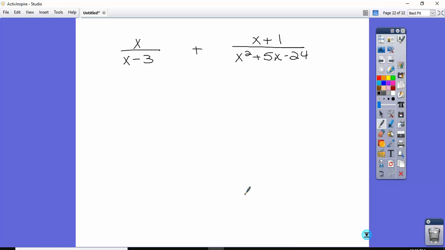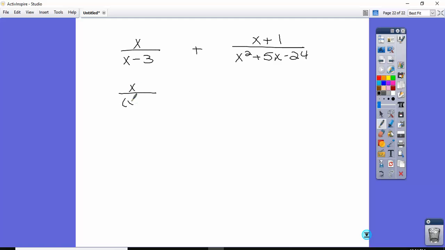Okay. So this is another addition and subtraction, which means we need a common denominator. However, on this one, before we jump in with multiplying, we want to try to make our life as easy as possible. So our first step here is to factor the denominators. We didn't have to do that on the last one because neither one of them broke down at all. But here we can.